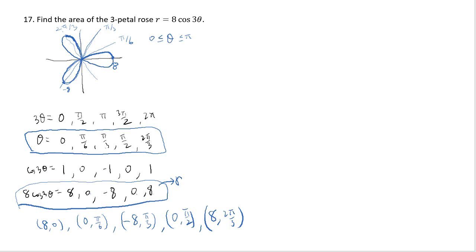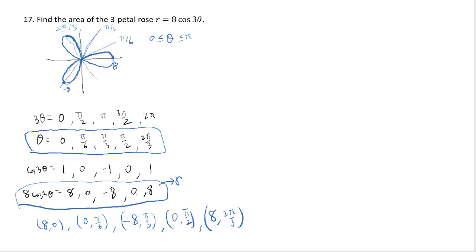You may remember that if this number is odd, then the number of petals is the same. If this number in front of theta is even, then the number of petals is twice. So for example, if you had cosine 2 theta, you would be looking at a rose with 4 petals. But if it's cosine 5 theta, it's a rose with 5 petals.